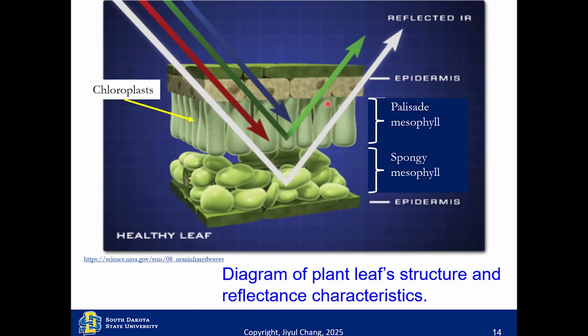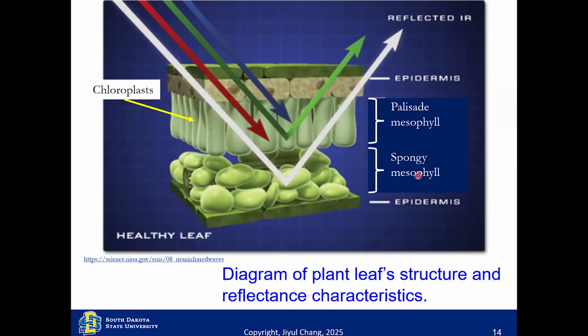The palisade mesophyll layer contains the chloroplasts. Chloroplasts do the work of photosynthesis, so they absorb and use red and blue light, but the chloroplast does not need green. The green color is reflected by the plant.